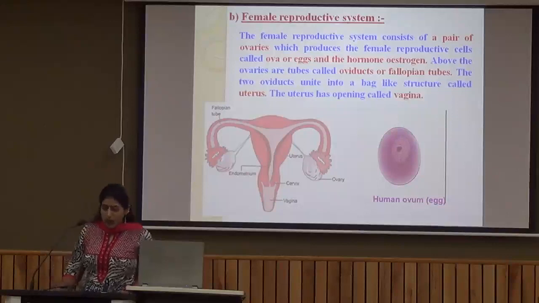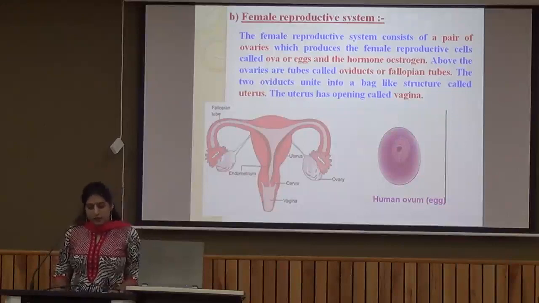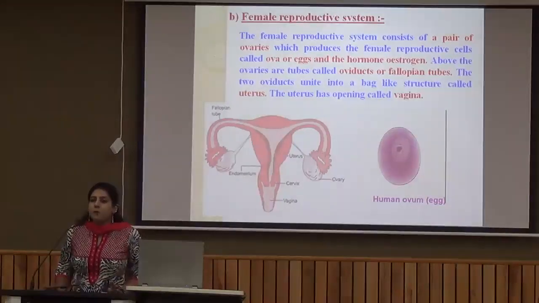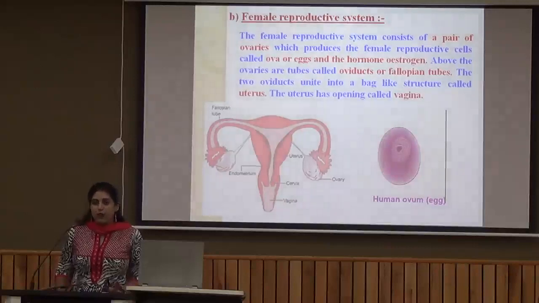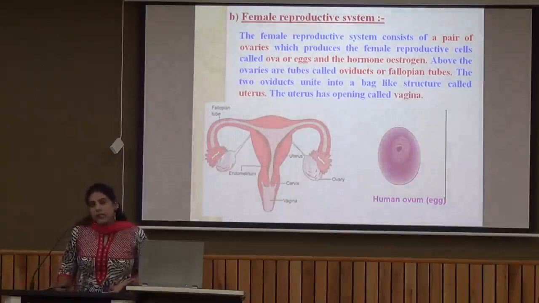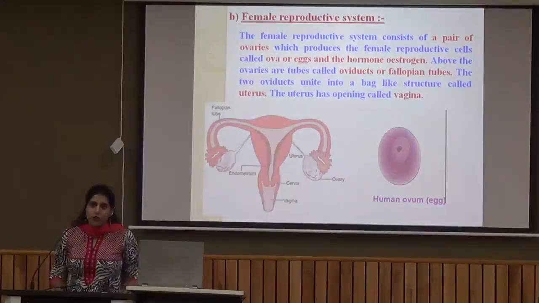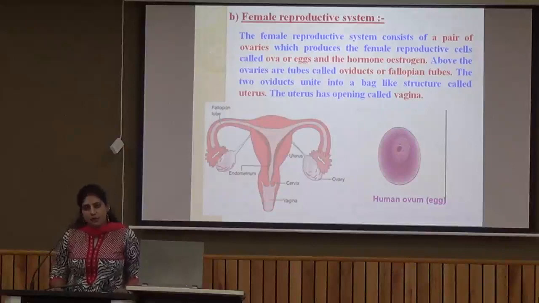Now if you see the structure, every month one of the ovaries secretes one full complete egg which we call an ovum or ova. It can be any ovary. Although the ovary contains many cells, only one cell gets matured every month, that is the ovum.